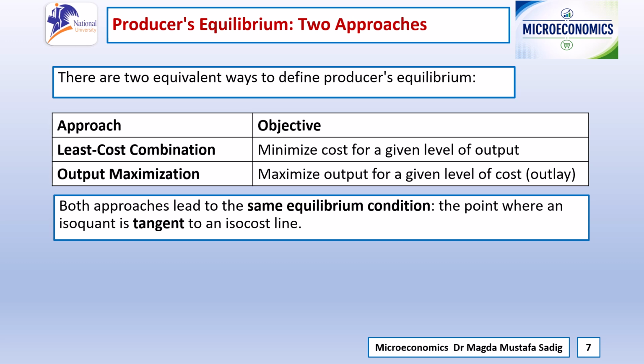The objective is to obtain the highest possible output. Although these approaches seem different, they lead to exactly the same equilibrium point. That point occurs where the isoquant just touches the isocost line. So this point represents maximum efficiency.